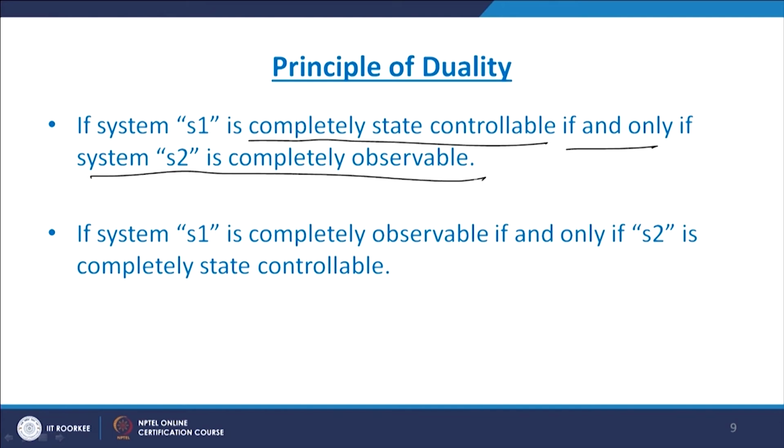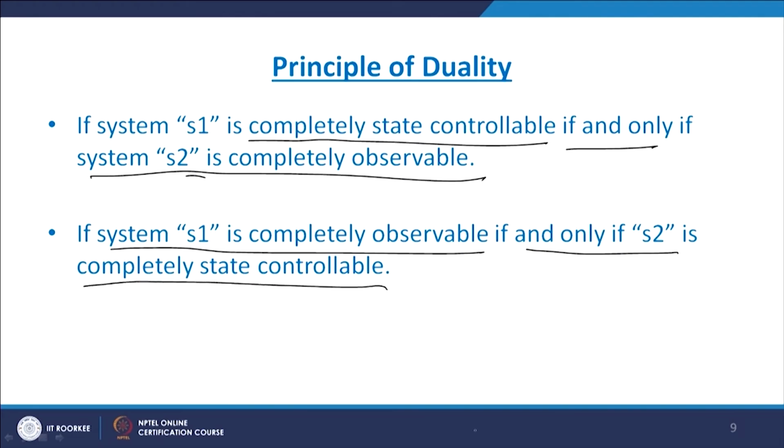That is, if you take one system S1 and take the dual of it, we find that they are related, that is, S1 is completely state controllable, S2 is completely observable. Again the reverse case, if system S1 is completely observable if and only if S2 is completely state controllable. That means controllability and observability are related to each other.